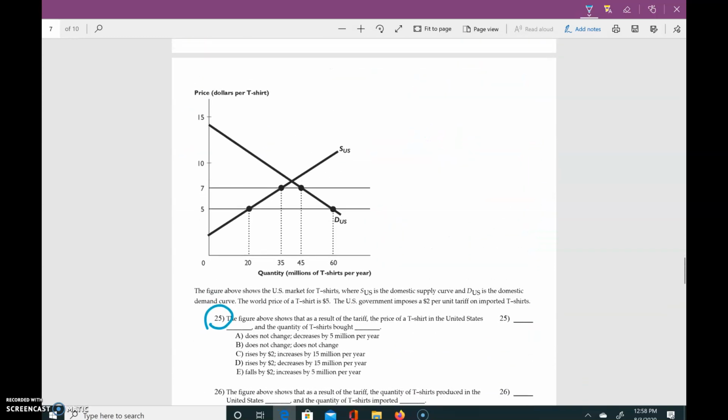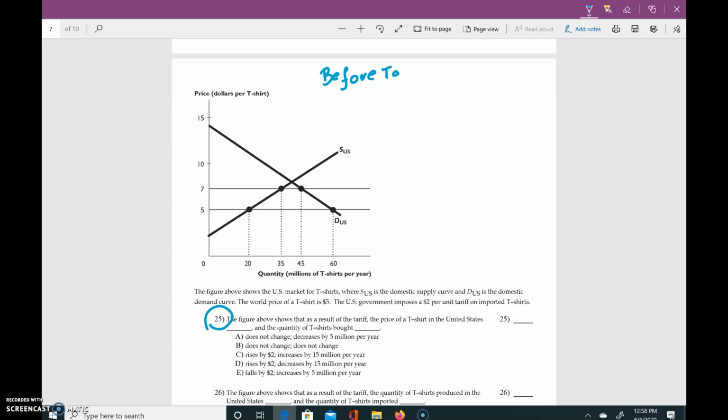Okay. Now we have another situation which is called a tariff. Let's see what happens when a tariff is imposed. I'm going to look at the before tariff situation and also the after tariff situation.